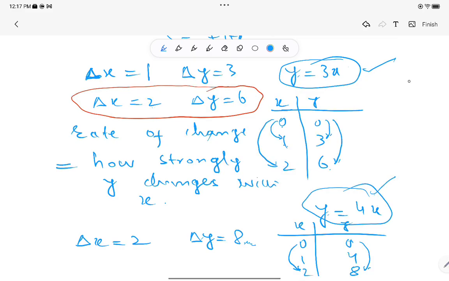Suppose for example, you have here father, this is son father relation, and here this is son mother relation. This is father son relation. That means father depends upon son. What does that mean?